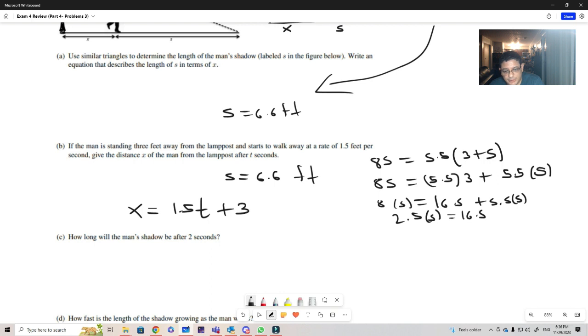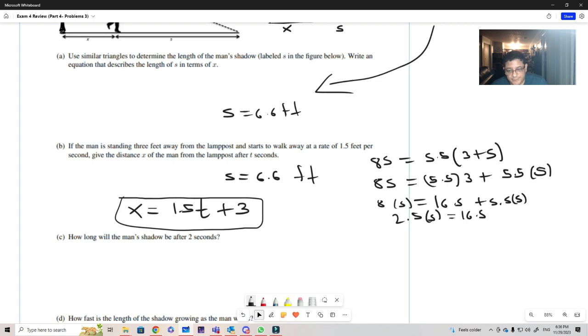So we have an equation that describes X in terms of t, and it's a linear piece. We have initially 3 feet away, and then we have 1.5 feet per second. So that gives me the distance of the man from the lamppost after t seconds. Now we want to know how long will the man's shadow be after 2 seconds.